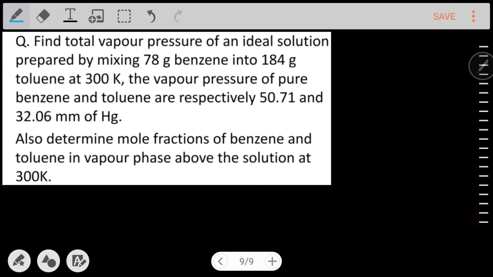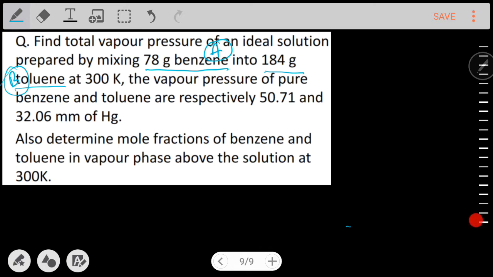The question is, find total vapor pressure of an ideal solution prepared by mixing 78 gram benzene into 184 gram toluene. I will consider benzene as A and toluene as B. So 78 gram benzene is dissolved into 184 gram of toluene.